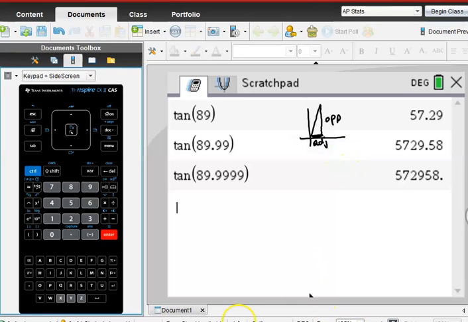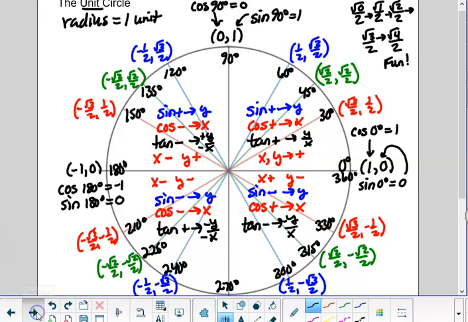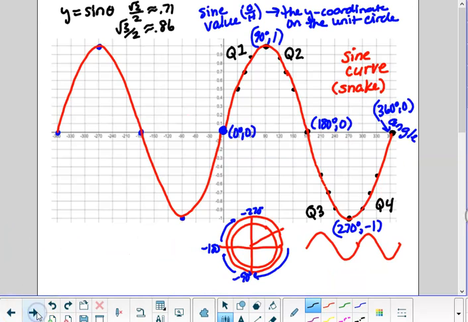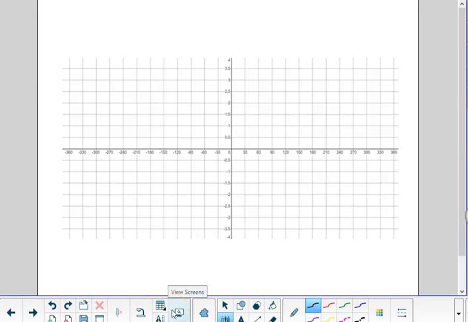Okay, so let's go back and look at our tangent graph now and think, how are we going to draw this tangent graph? So I'm going to go back to where my tangent graph grid is. We have y equals tangent of theta. We're going to look at some key points here.